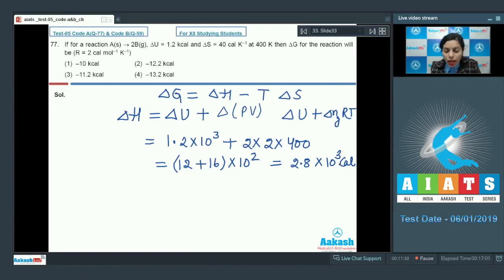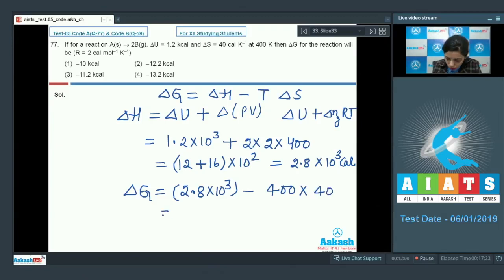Now, delta H you have, T you have, delta S value. In this case, delta S value is already given in the question, so delta G value is equal to 2.8 into 10 raised to the power 3 minus the T value is 400 and delta S value is also 40. So this would become 2.8 into 10 raised to the power 3 minus 16 into 10 raised to the power 3.